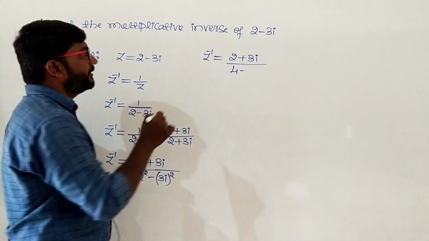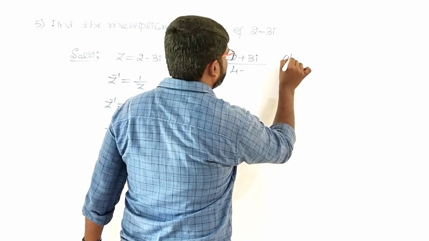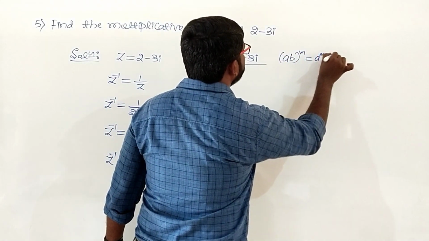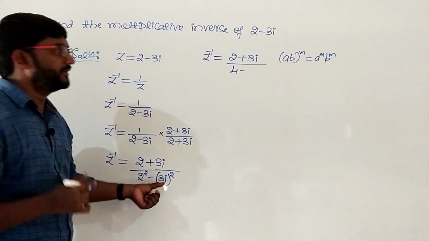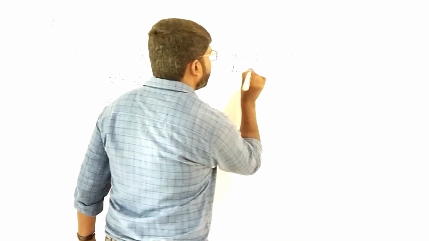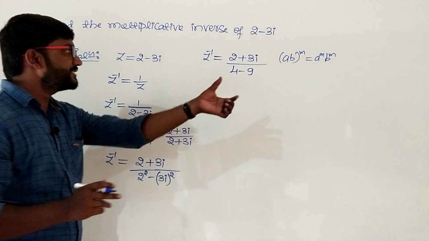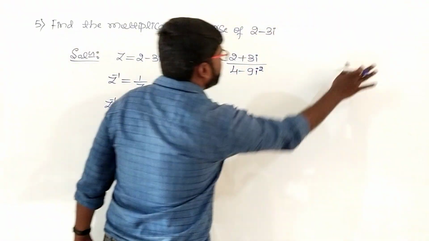It is in the form of ab whole raised to m, ಅಂದರೆ ab whole raised to m is nothing but a raised to m into b raised to m. The square applies to the first term, that is 3 square ಅಂದರೆ 9 ಆಗ್ತದೆ ರೀ. So it is 9. Then we have i. So take the square, we get i square.